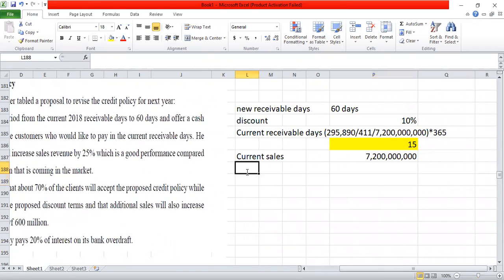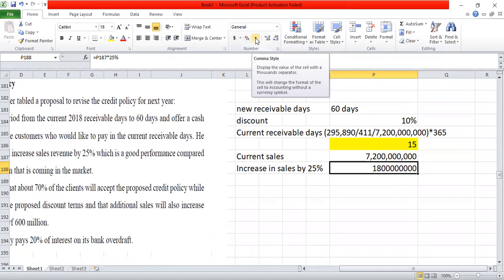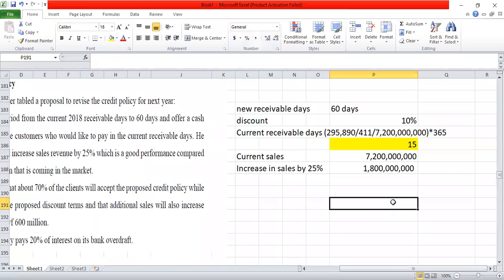So increase in sales by 25%. So this is going to be this times 25%. That is the increase in sales as a result of the new credit policy.